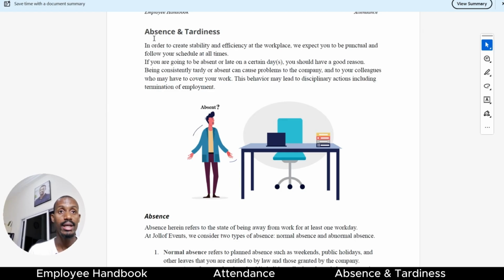Tardiness means you are coming to work but you are not effective. Either you are coming late or leaving early, or you are taking longer breaks, sitting down too much, being a warm body, all this kind of stuff. That is tardiness. You have come to work but you are not effective at work.